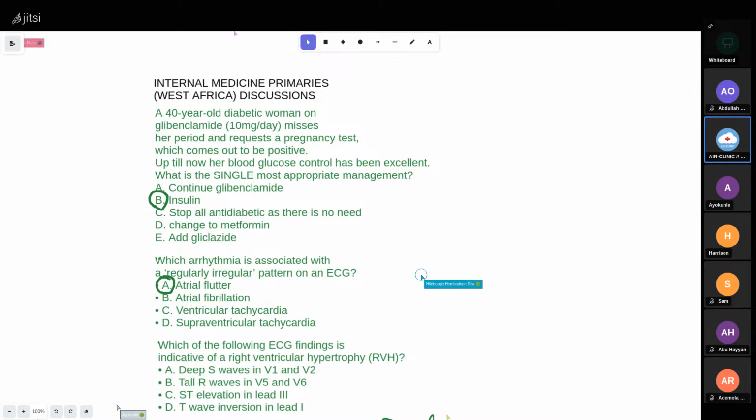So if you measure the R wave in V1 and add it to the S wave in V5 or V6, okay, if it's more than 35 millimeters, that means there's left ventricular hypertrophy. Okay.